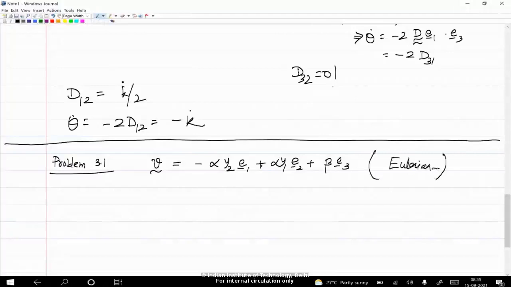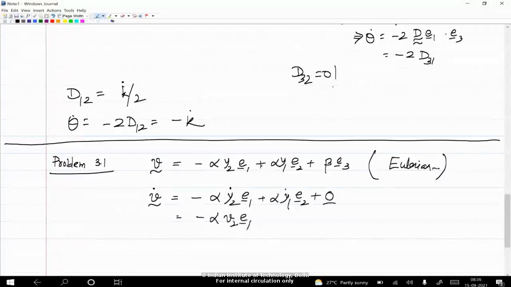So what will be the acceleration? One thing is quite simple. Acceleration is simply v dot, right? And the dot is the material time derivative. So take the time derivative everywhere, and you have minus alpha times y2 dot e1 plus alpha times y1 dot e2 plus 0, right? But y2 dot is the same as v2. So this becomes minus alpha times v2 e1 plus alpha times v1 e2.